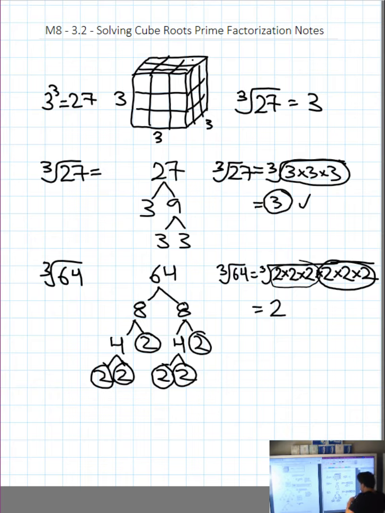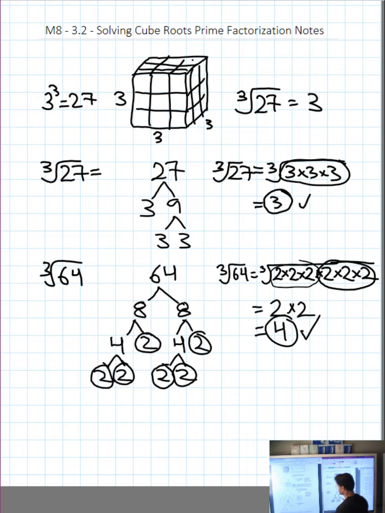If we have more than one circle, we bring that out again. So the first 3 2s as one circle comes 1 2. The next circle of 3 2s becomes another 2 on the outside. And 2 times 2 is 4. And we can check that answer on the calculator. The cube root of 64 is 4, and we can also do 4 times 4 times 4 is also 64.